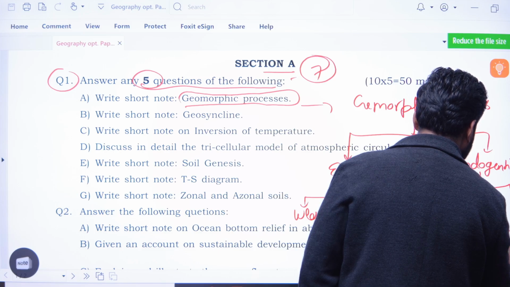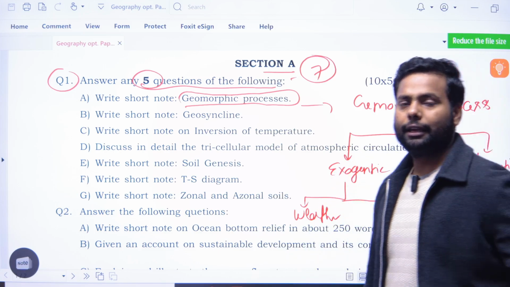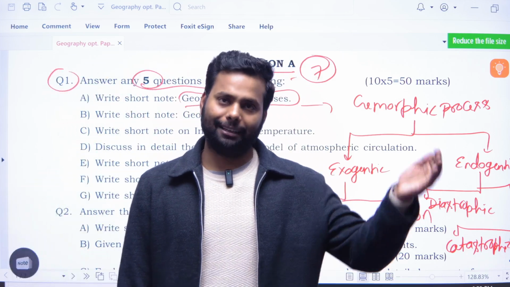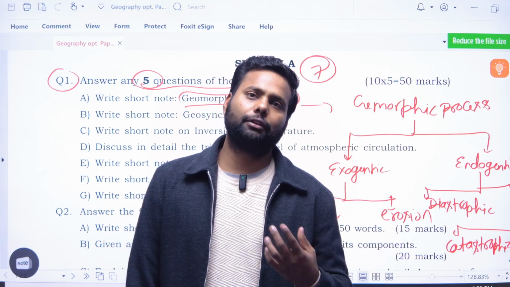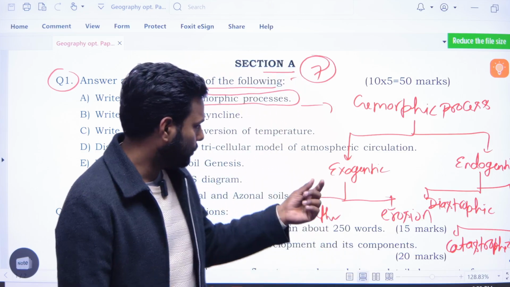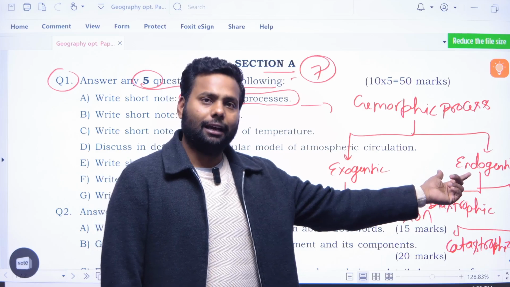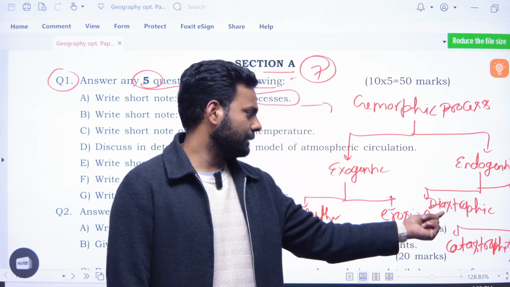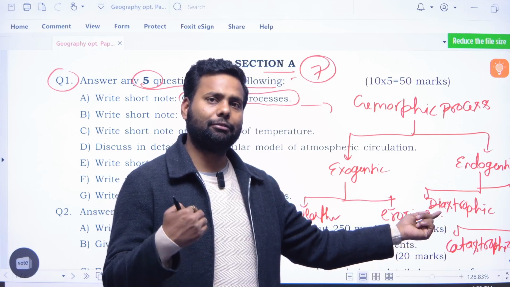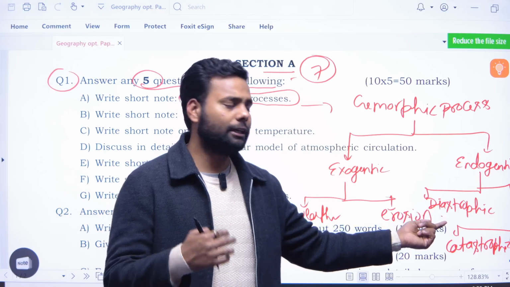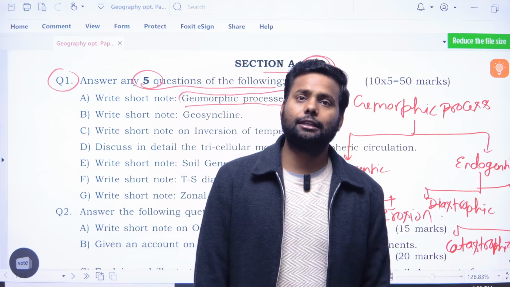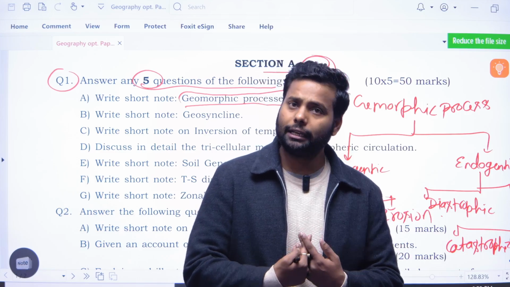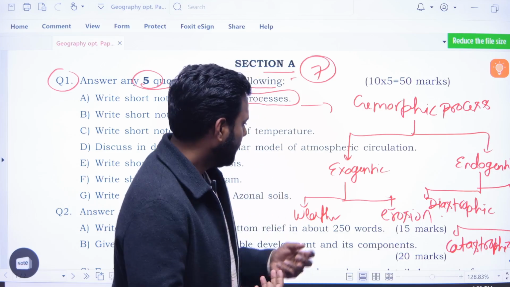We all know that geomorphic processes operate from the external and from the internal factors. So you have to explain what endogenetic processes are. Diastrophic processes work very gradually, and catastrophic processes operate from the internal structure in a very sudden movement.